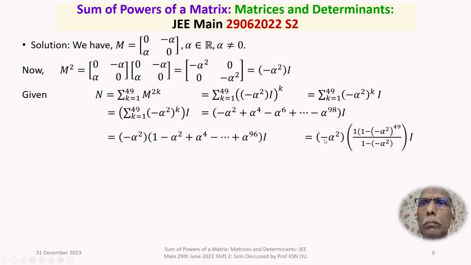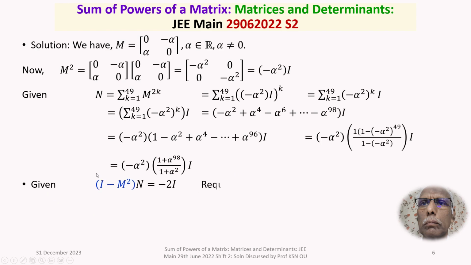So it is minus alpha square into (1 minus (minus alpha square) to the power of 49) by (1 minus of minus alpha square), that is 1 plus alpha square. That is equal to minus alpha square into (1 plus alpha to the power of 98) by (1 plus alpha square), multiplied by I, since minus 1 to the power of 49 is minus 1.